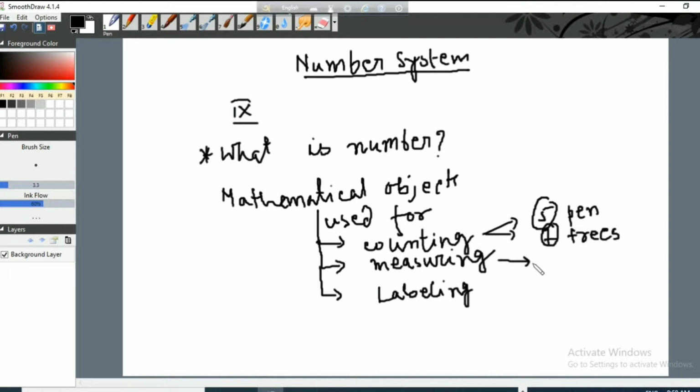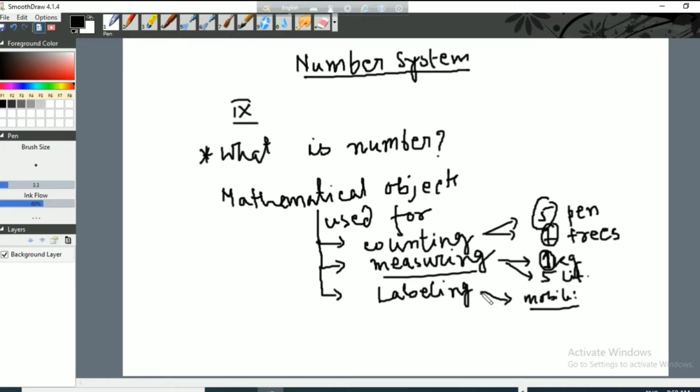And then measuring, for example 1 kg, 5 liters, etc. So numbers help us to measure various quantities. Then labeling, for example, mobile numbers. We assign a particular number to a particular mobile, and this is labeling.